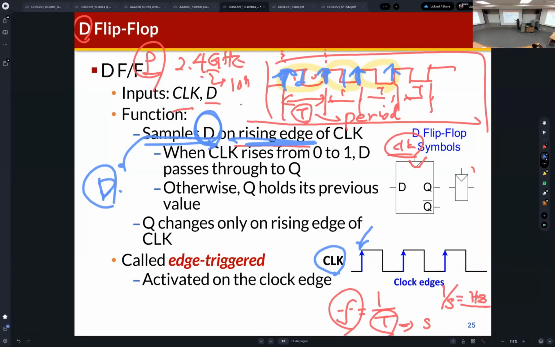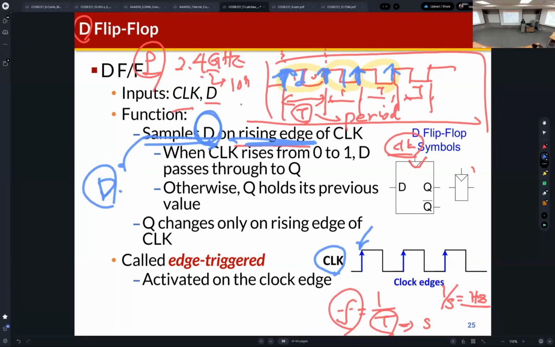So at the rising edge of the clock, this circuit detects the value of D, and this value is stored. This is sequential logic. The value of D is stored at the rising edge of the clock.